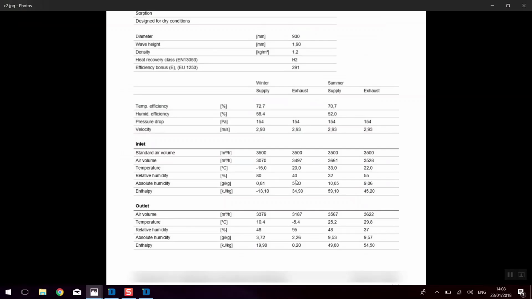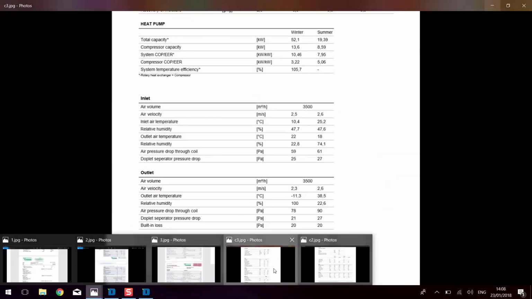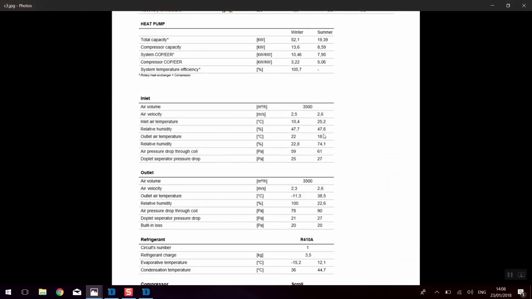Again, we start with the rotary wheel, and the temperature efficiency looks very good, quite fine, but the humidity efficiency again is lower, which means that this rotary wheel probably is not a sorption type. And for the heat pump, we have nearly the same doubts.